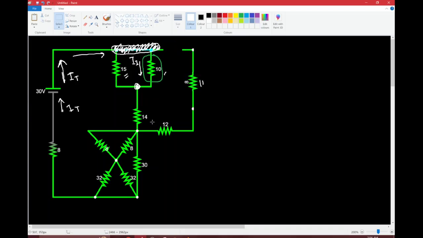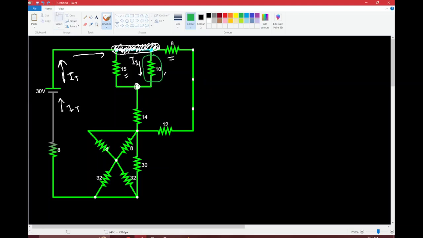That's going to produce a 20 ohm resistor, because the resistor down here was 12 ohms, and the resistor up here was 8 ohms. So when you put those two together, you're going to get a 20 ohm resistor.